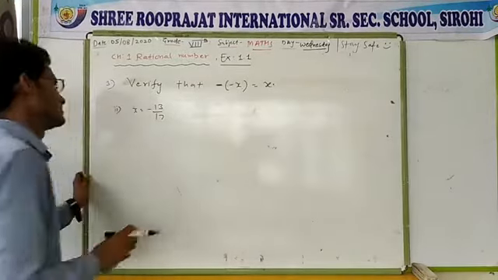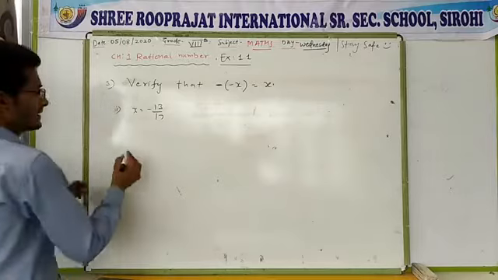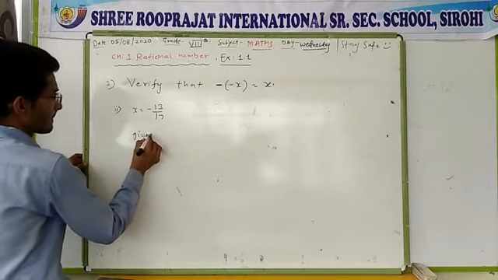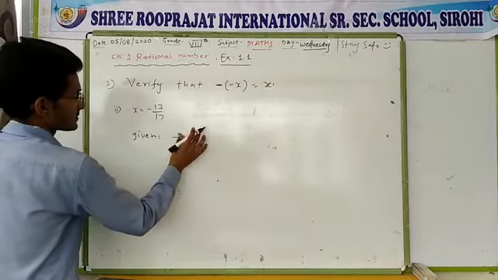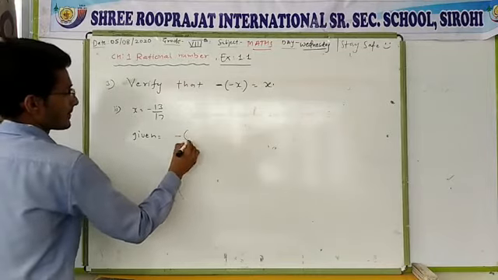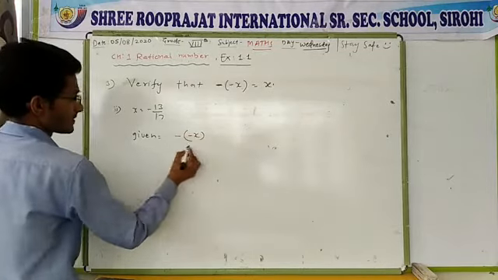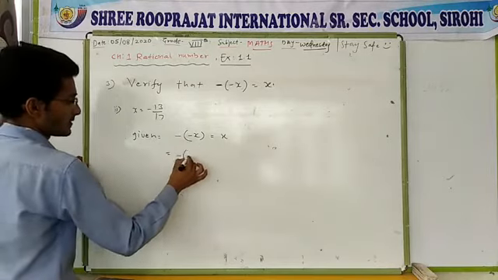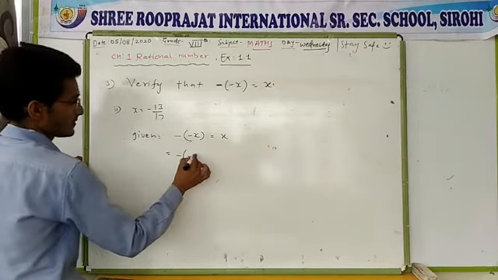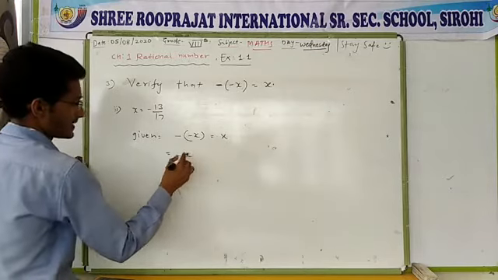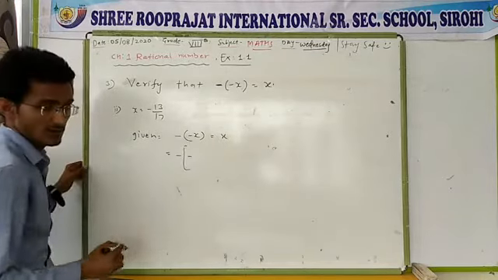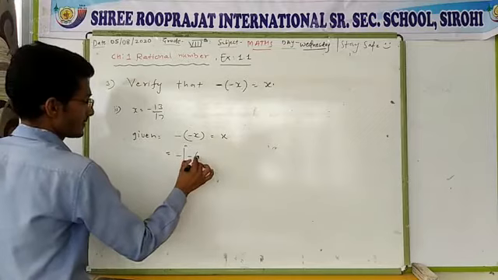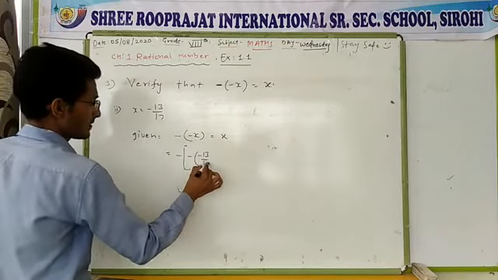Okay, so it is given: minus x equal to x. So minus, and the value of x is minus x, so you have to put a square bracket, a small bracket.